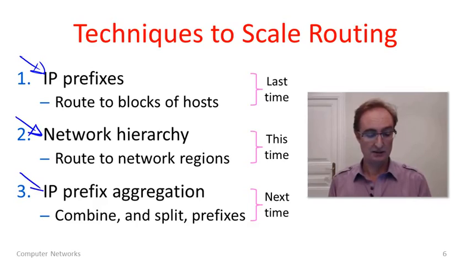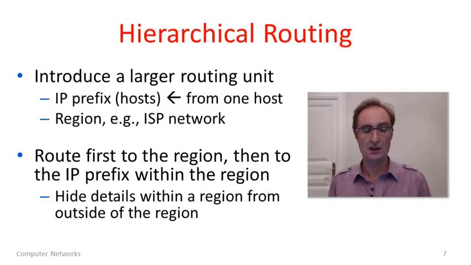And then, in a future segment, we'll talk about IP prefix aggregation, which essentially are more games you can play to join or split prefixes that use hierarchy in different ways. We'll see that later. So let's look at hierarchical routing. That's our focus here in a little more detail and find out what it actually is.